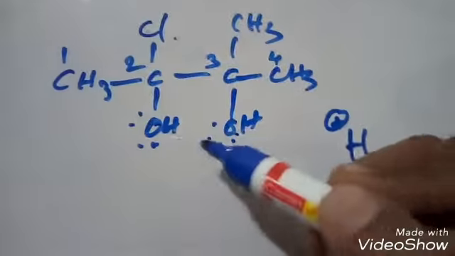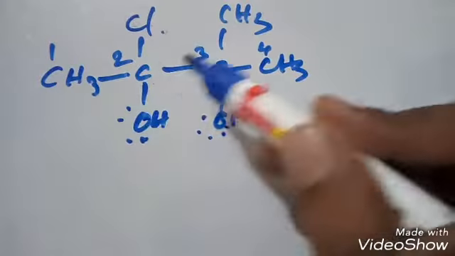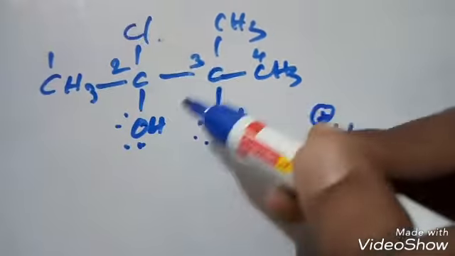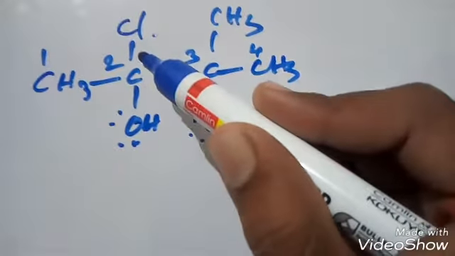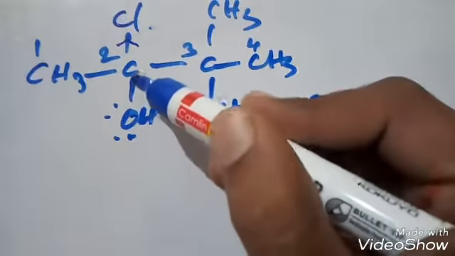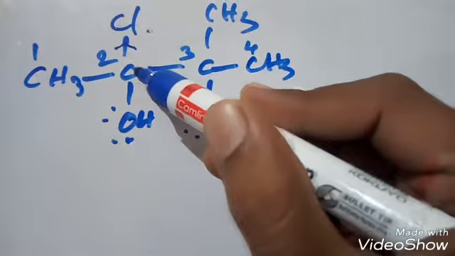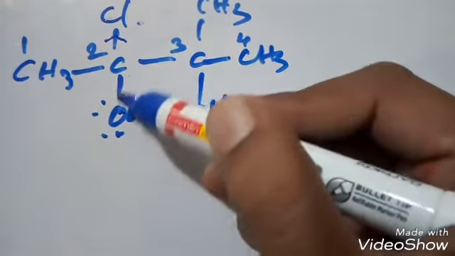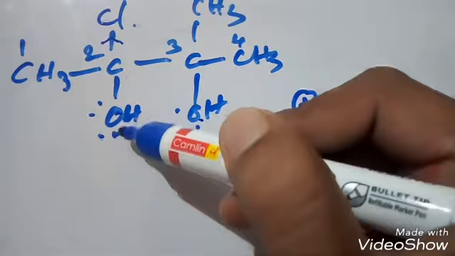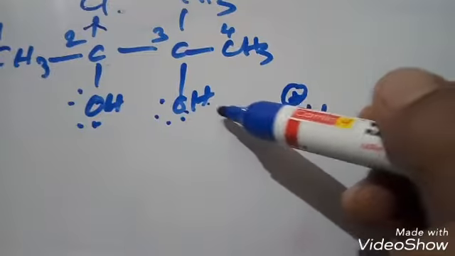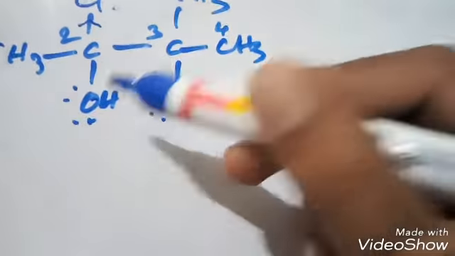Now in this case, even though here is methyl and chlorine, only one group is different, but we know that chlorine is an electronegative group, so it will pull electron toward itself more, so less electron is available on this carbon. Therefore this carbon will pull electron from this oxygen. So availability of electron on this oxygen is less as compared to this oxygen. Therefore this H plus will get attached to this oxygen, not to this.